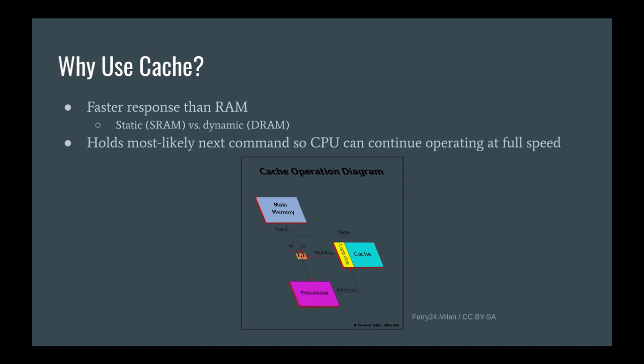Cache is basically additional memory that's available to the CPU to store instructions. It uses static RAM versus dynamic RAM. Static RAM uses actual integrated circuits to store the data, whereas dynamic RAM is basically a transistor with a capacitor located next to it, and that capacitor allows it to retain the data as long as power is applied to it.